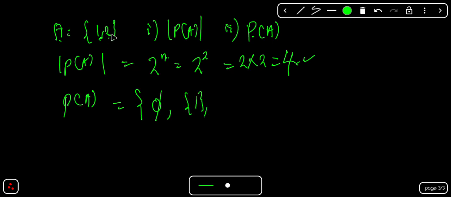I can also say 2 is a subset of {1, 2}. And in my previous video, I said a set is a subset of itself, so {1, 2} will also be a subset of that particular set. If you count, we have 4 subsets. That is, the cardinality of the power set of A is equal to 4. That's how you solve for power set and the cardinality of a power set.